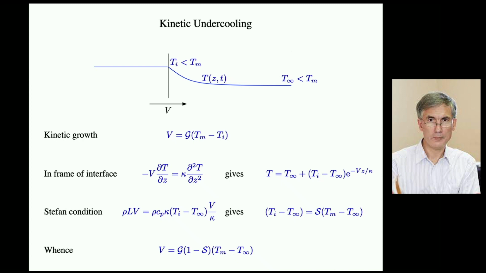Okay. And there is some kinetic law. There are different types of kinetic law depending on exactly the nature of the crystalline interface. The simplest kinetic law is simply to relate the growth rate V linearly to the temperature difference between the equilibrium freezing temperature Tm and the actual interfacial freezing temperature, which must be less than Tm.